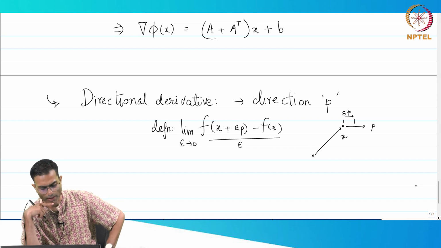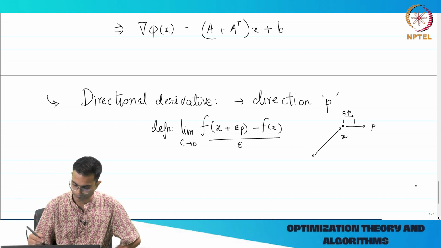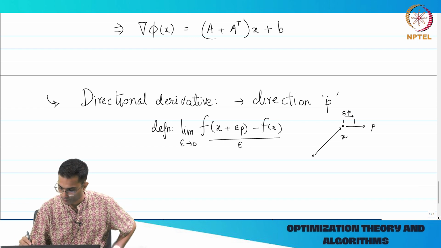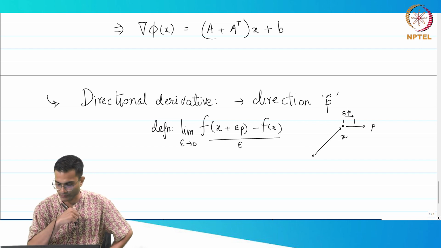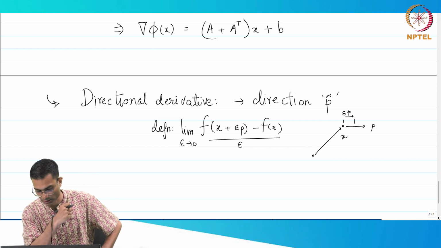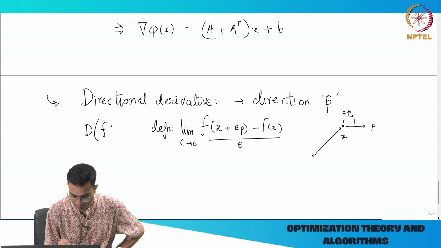I'm going to take P to be a unit vector. Typically, when I say direction, I would specify it in terms of a unit vector. So the symbol for this is written often like this.